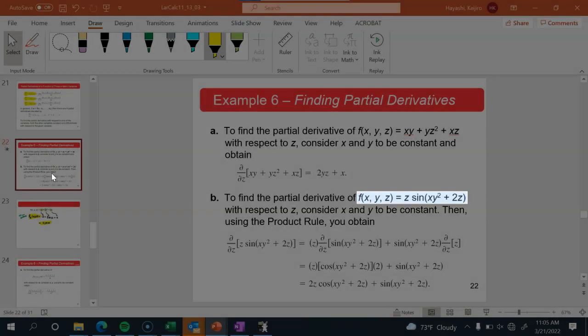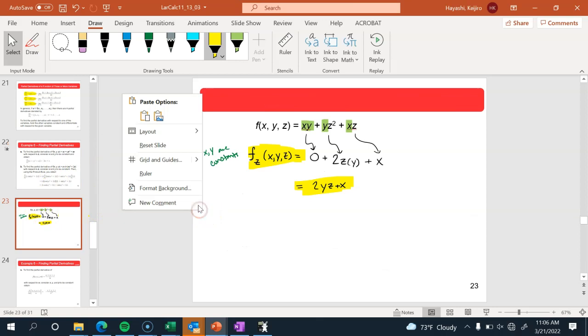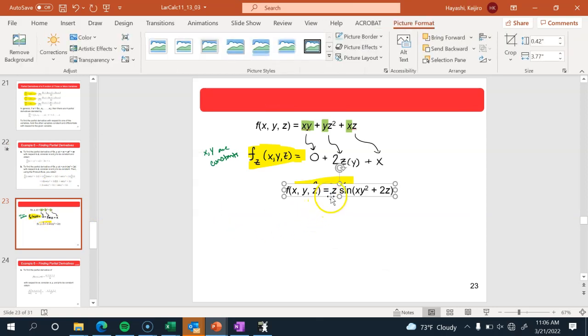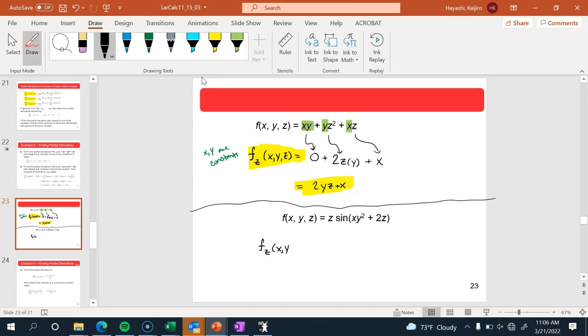We'll take the derivative of this with respect to z as well. And if you want, you can find the partial derivative of these with respect to x and y.